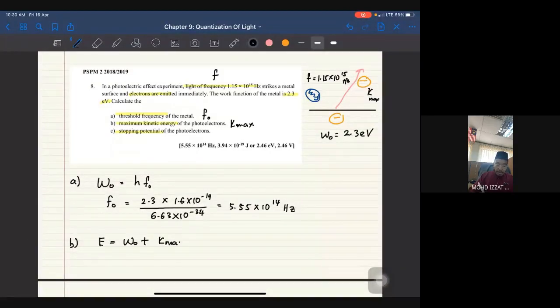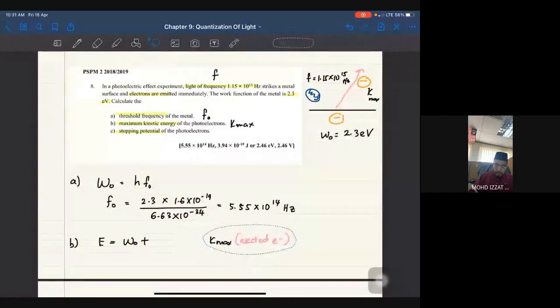Okay, for practice purposes, I'm going to put a bracket over here to indicate that this one is the ejected electron. You don't have to write that one. Let's put it over here because I just want to show you the work function, which is due to the metal.